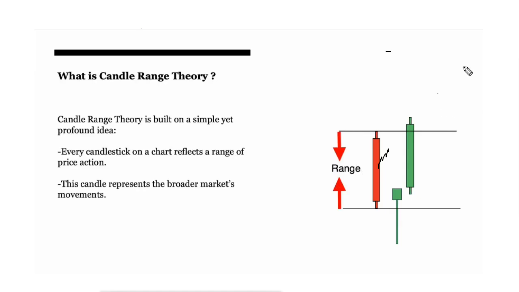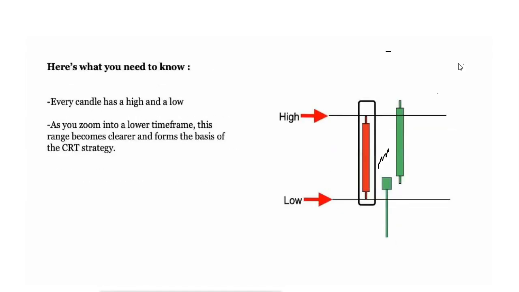That's your candle range theory. So here is what you need to know. Every candlestick has a high and a low. Take note of it. I've talked about it extensively: there are four key things you need to know about a candlestick.